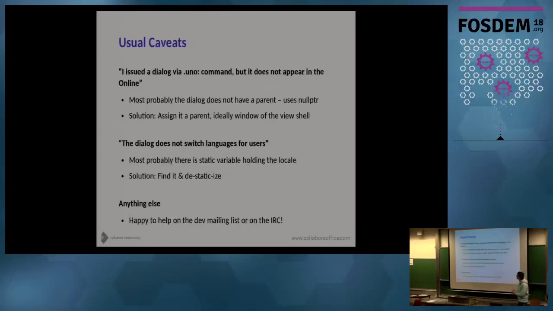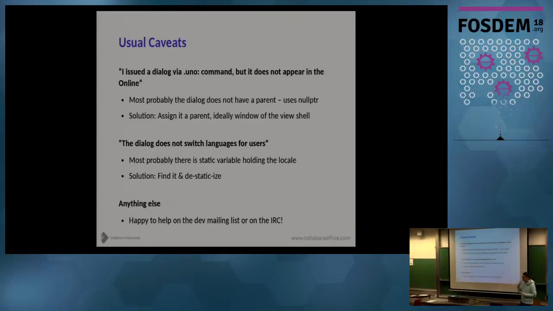And the usual caveat. Thanks to doing all this stuff in VCL, most of the dialogues just work out of the box. You just issue the command, and the dialog appears.